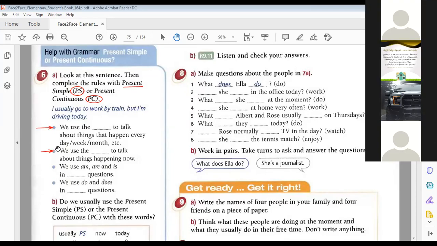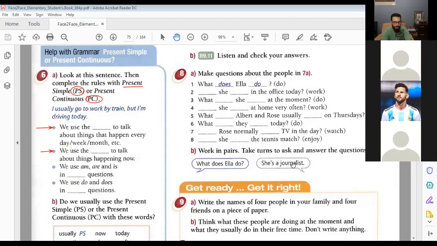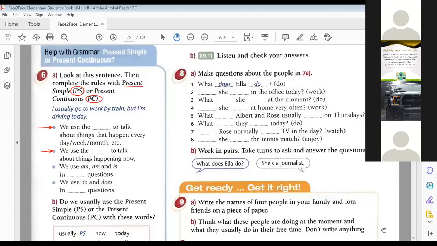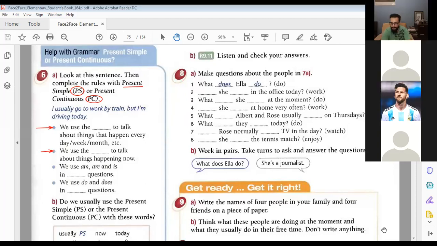We use the. Aisha? Okay, I think you don't have a very good connection today. Okay, let's see someone else.